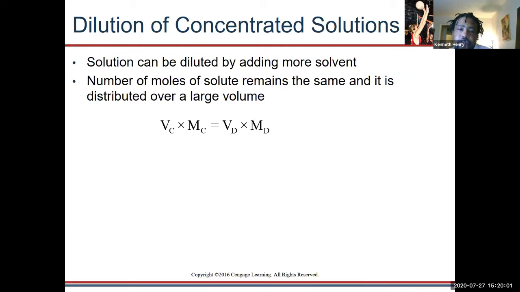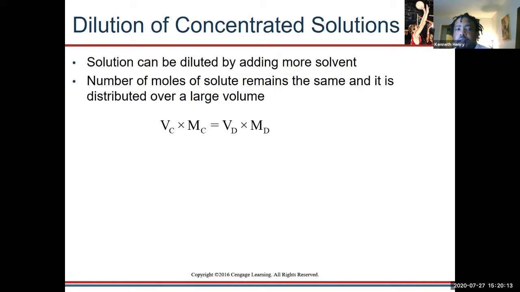So you guys are very familiar with this, right? Here is an example, and this is what the text used in the book, but I personally use C1 times V1 equals C2 times V2. The reason I use C1, V1 is because concentration can be in any form.